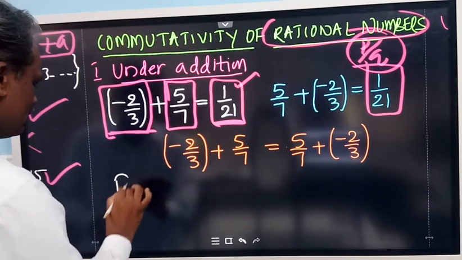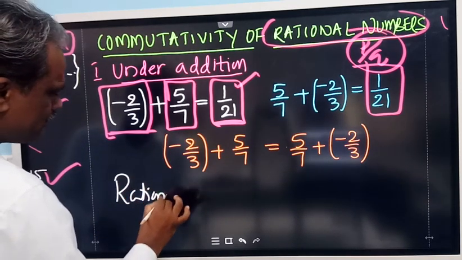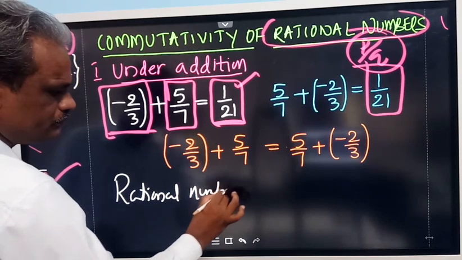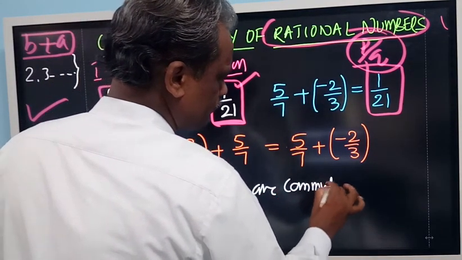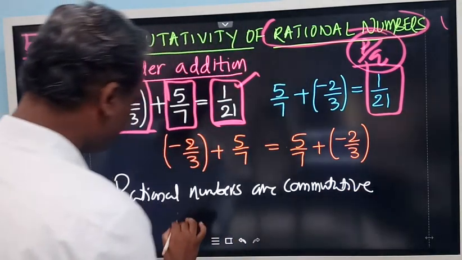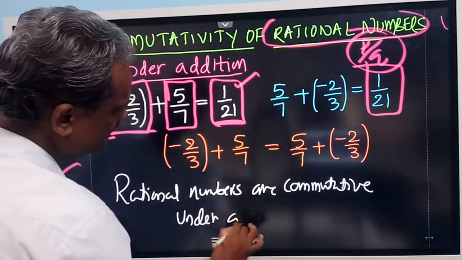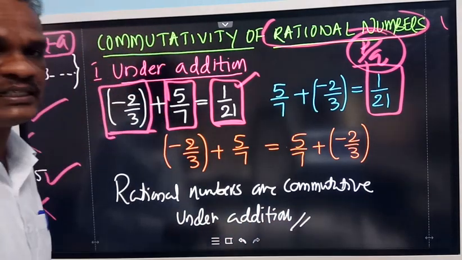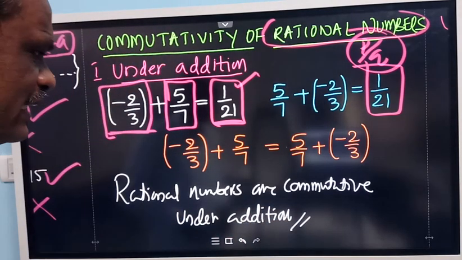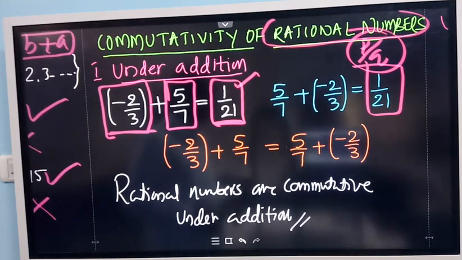So it holds good. Commutative property holds good under addition for rational numbers.